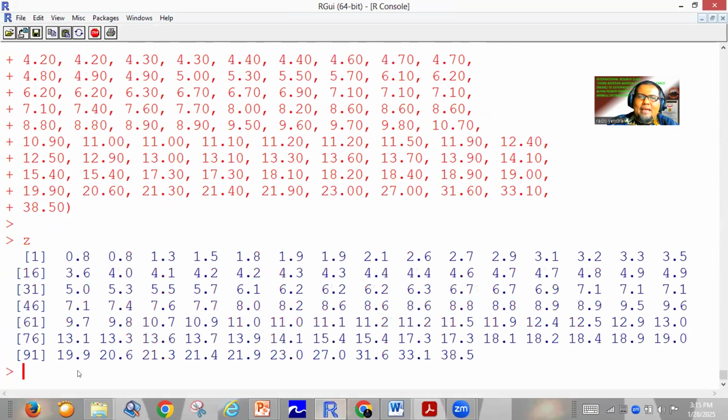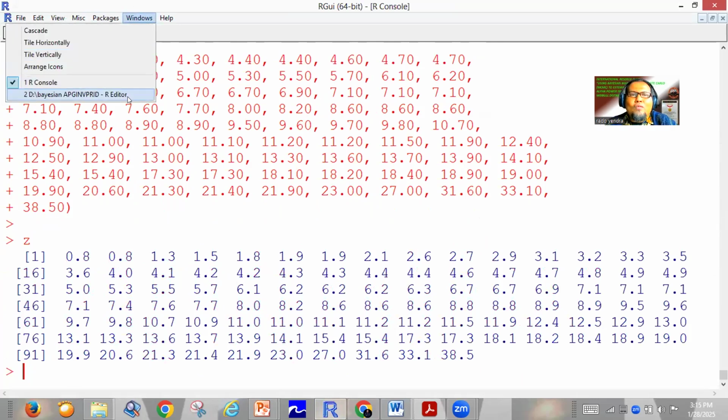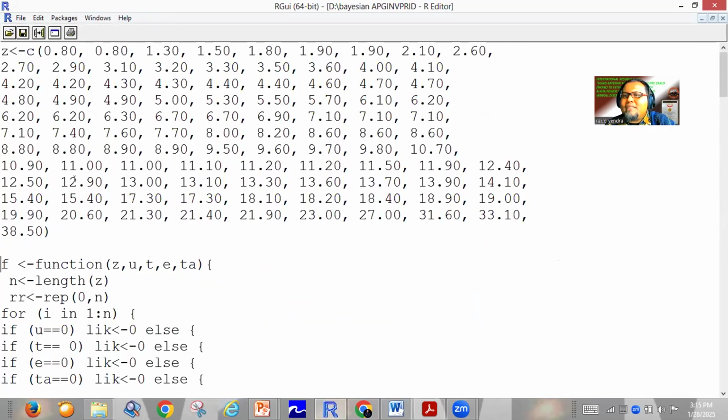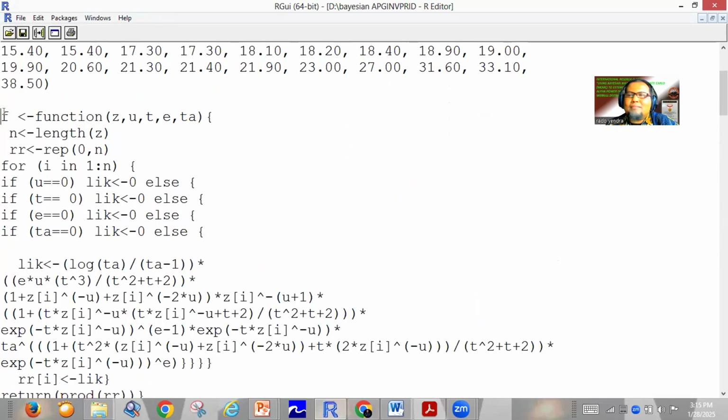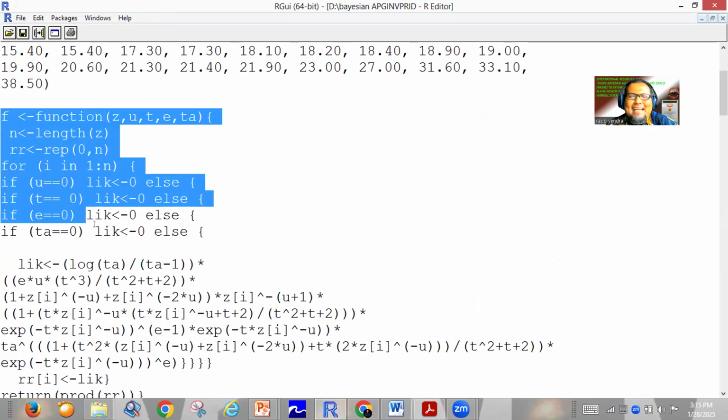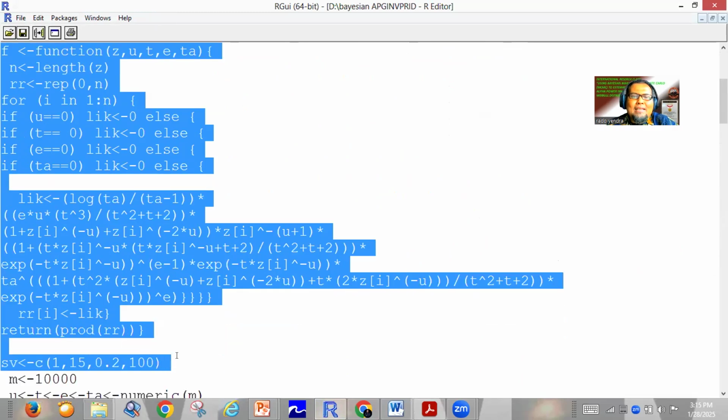So for the Bayesian MCMC, of course, the first thing we must do is create the likelihood of the alpha power generalized inverse power Rado Institute distribution, like the blue one.